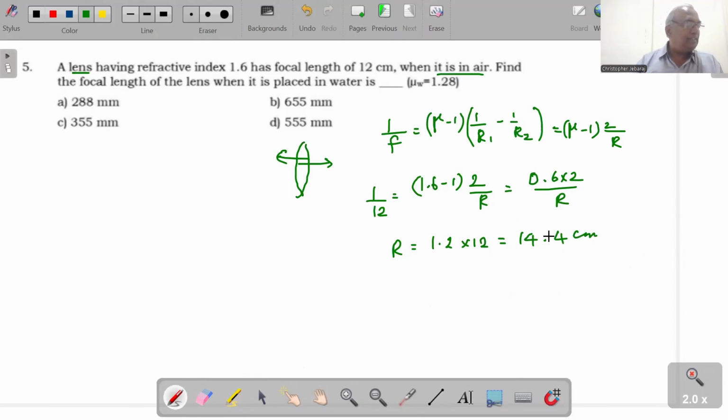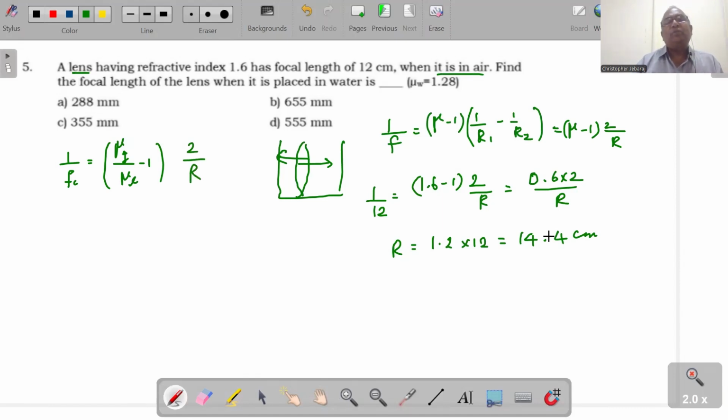The second part tells us it is kept inside a liquid. When it is inside the liquid, the focal length of the combination will be mu G by mu L minus 1 into the formula 1 by R1 plus 1 by R2. R1 and R2 are equal, the same formula.